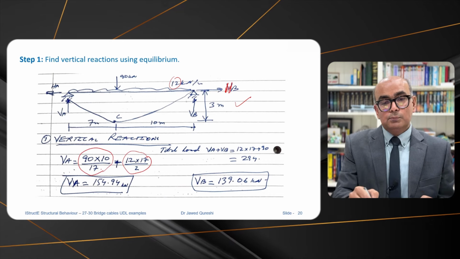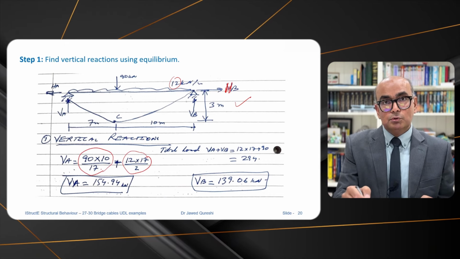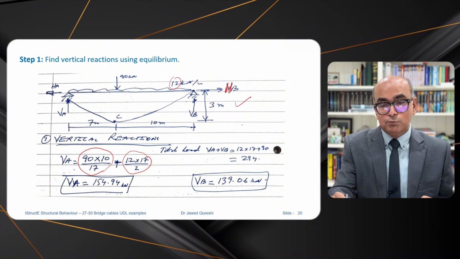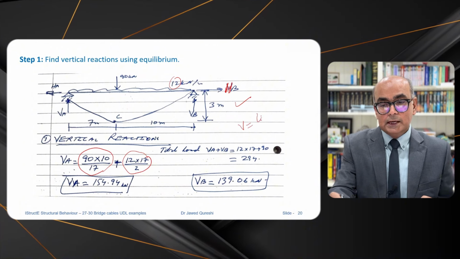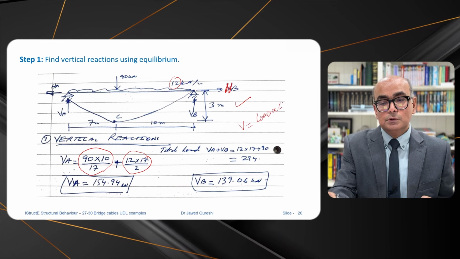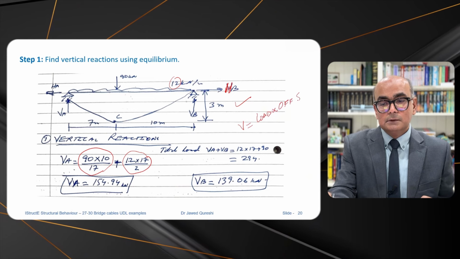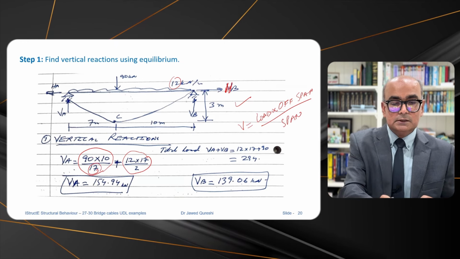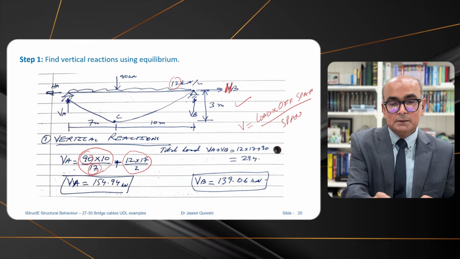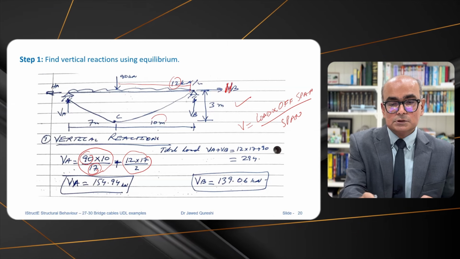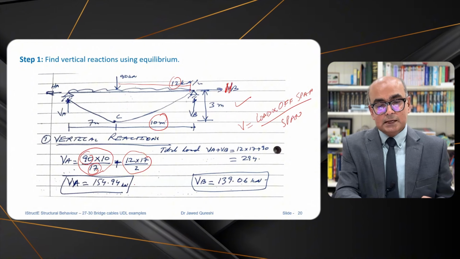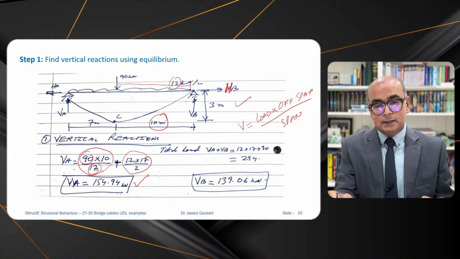And for point load, I'm using this formula: load times off span divided by full span. When you have an off center point load, then reaction is equal to load times off span divided by full span. So full span is 17, load is 90, off span means this distance, which is 10, and from here I get the value of VA as 154.94.